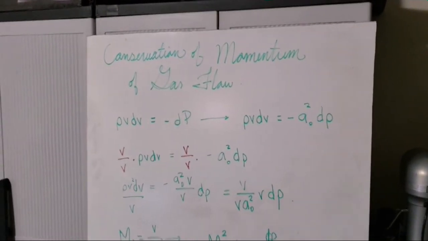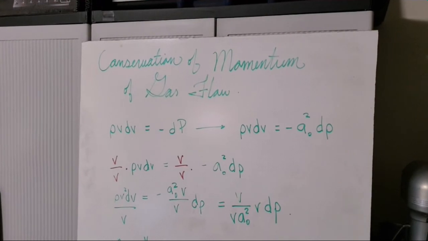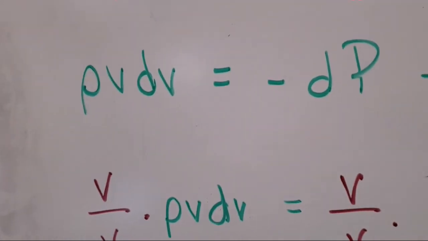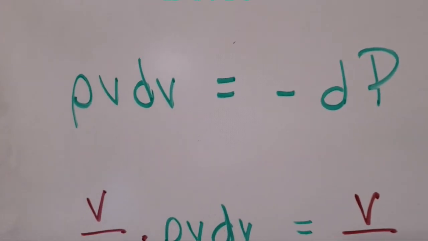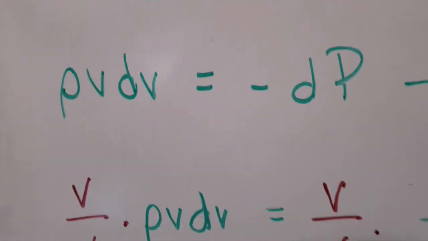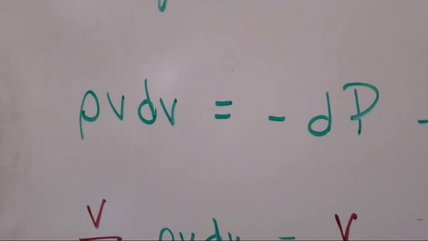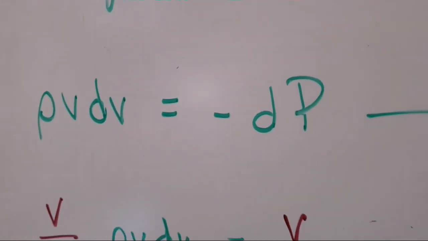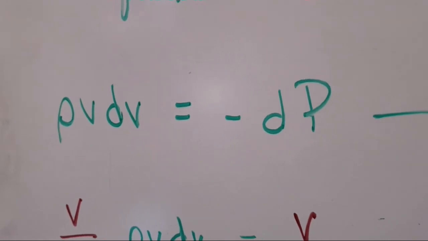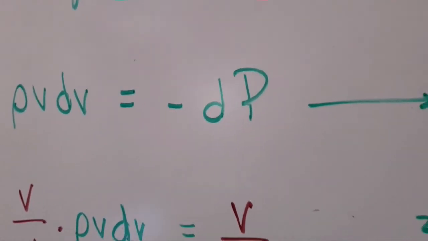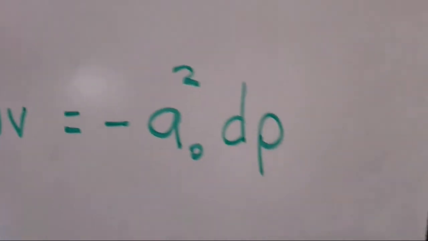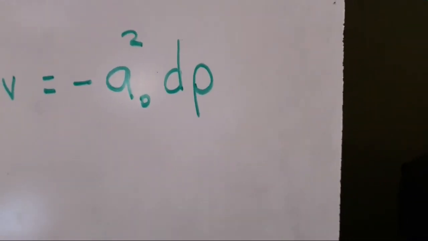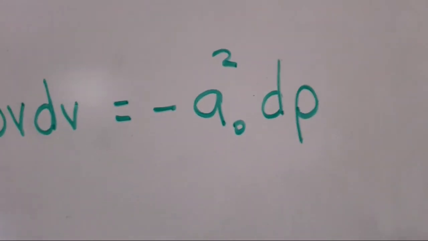So basically what's going to happen is we are going to express the conservation of momentum of a gas as such. And since, and I'm just looking at this here, the negative change in pressure is going to be equal to the negative square of the speed of sound times the change in the density of the gas, we can rewrite the equation this way.